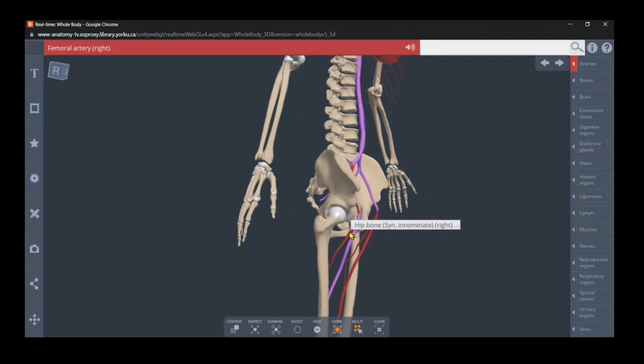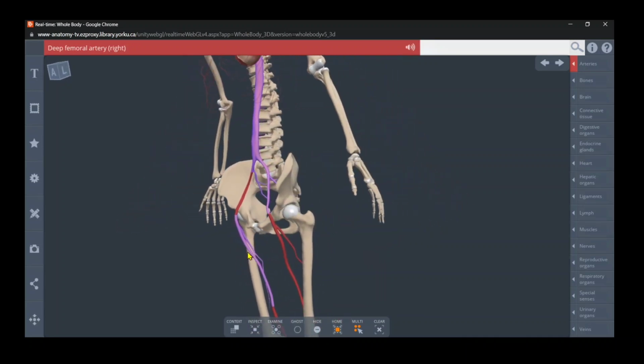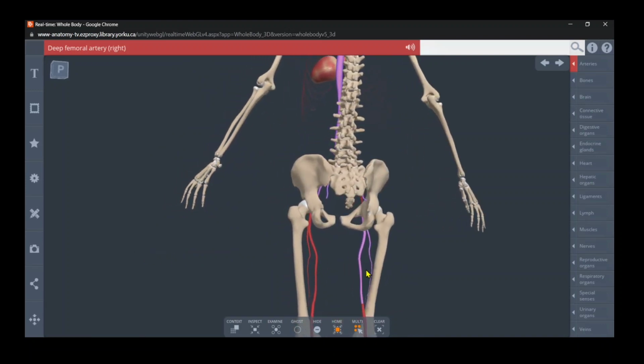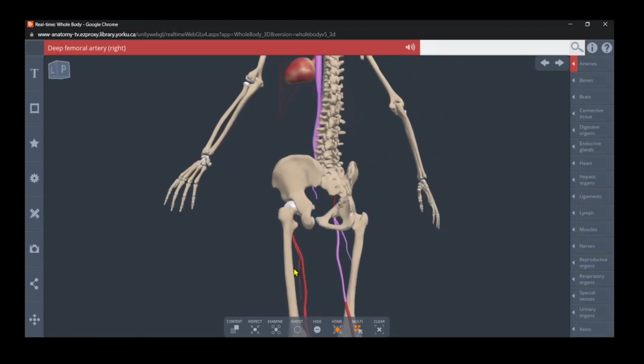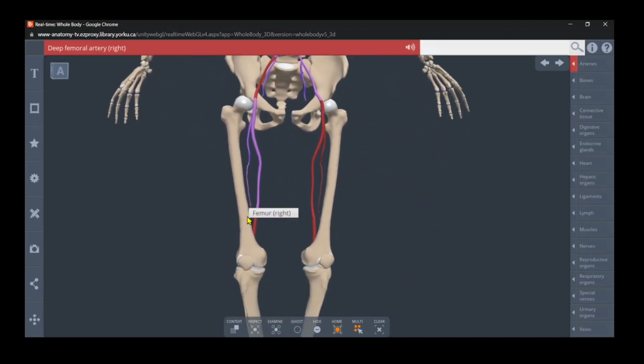The branch that it gives off is the deep femoral artery, which wraps around the posterior of the leg and supplies blood to the posterior thigh muscles.